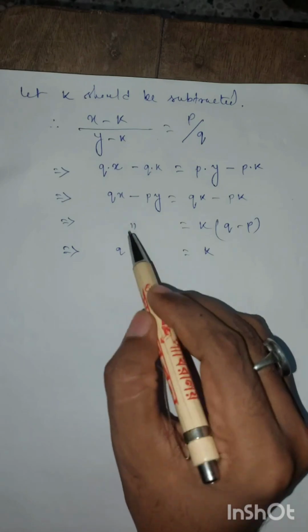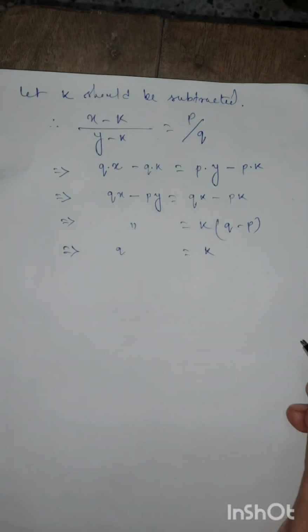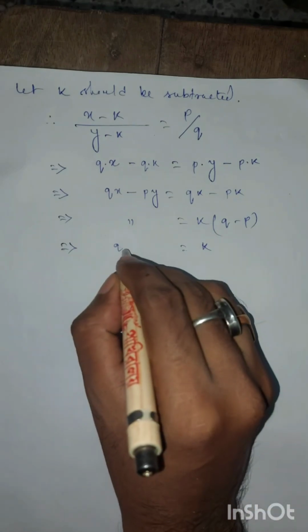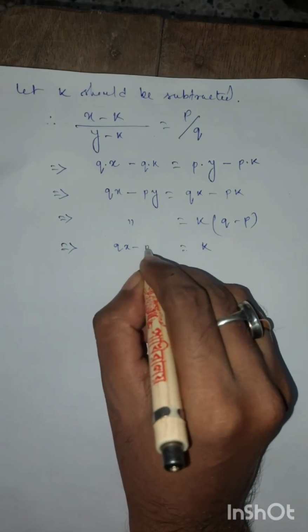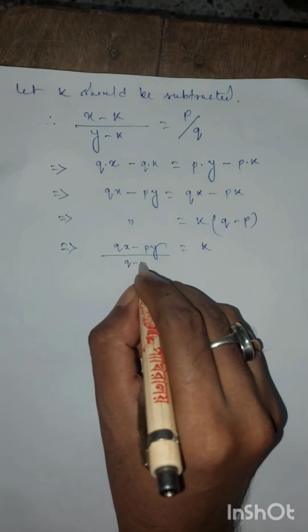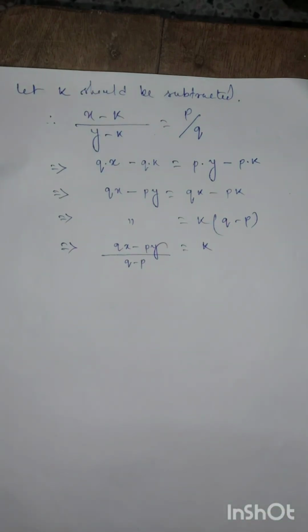This is same as the previous step. So this is the value of k. Okay, so this term should be subtracted.